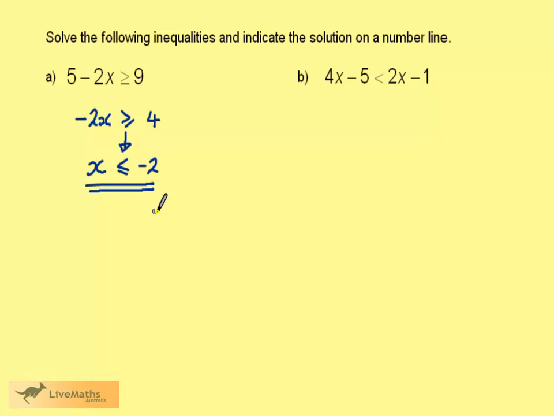There is a second approach we could use, which doesn't involve us having to remember to reverse the inequality sign when we divide by the negative number. We could start with the 5 minus 2x is greater than or equal to 9.